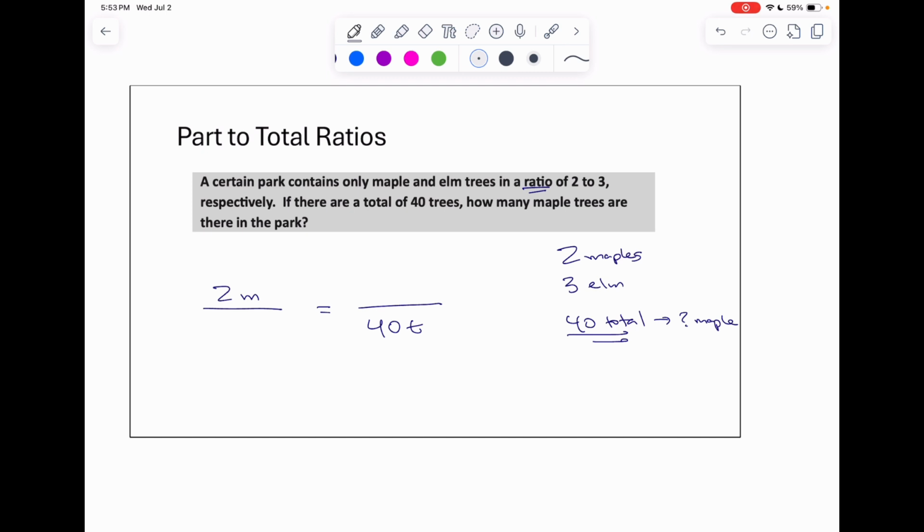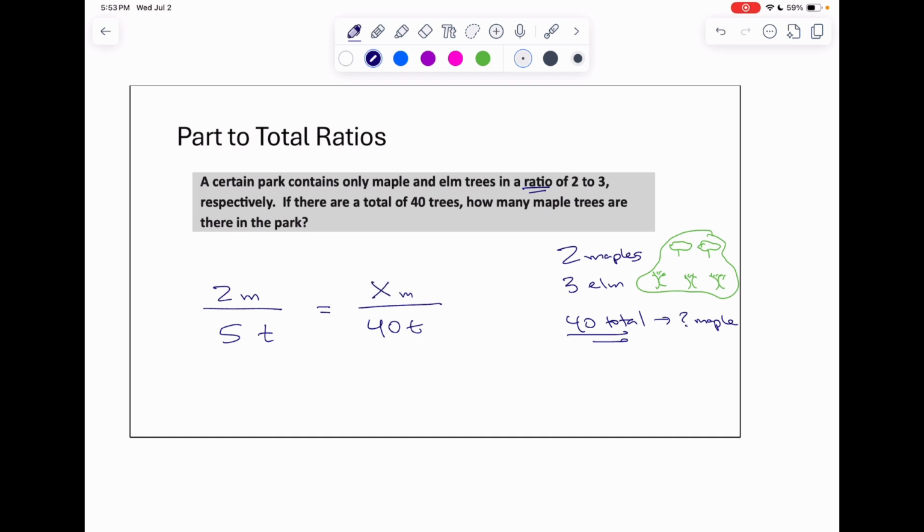Well, I know if I have 2 maple trees, I can't draw, so bear with me, and I have, that's an elm tree, just for fun, 3 elm trees, yes? 2 maples and 3 elm trees would mean I have 5 total trees when I have 2 maples. So 2 maples gives us 5 total trees. And then I want to know how many maple I have if I have 40 total trees.